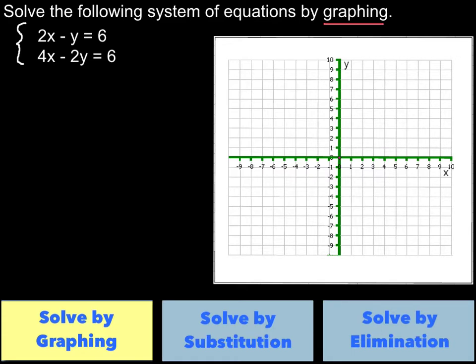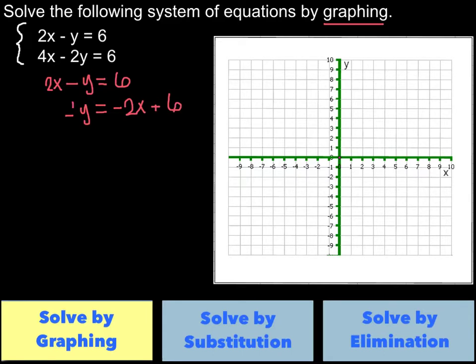So in the first one, 2x minus y equals 6. So I'm going to move the 2x over, and I'll have negative y equals negative 2x, because remember, when we move stuff over the equal sign, it changes sign, plus 6. Now y is not quite by itself.